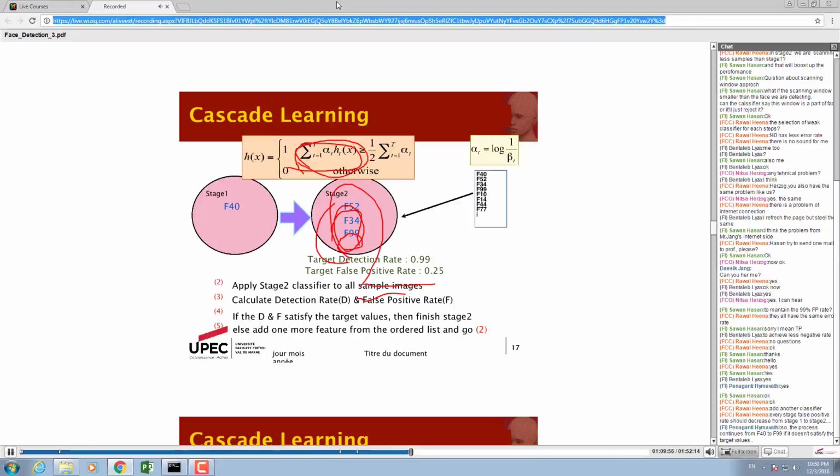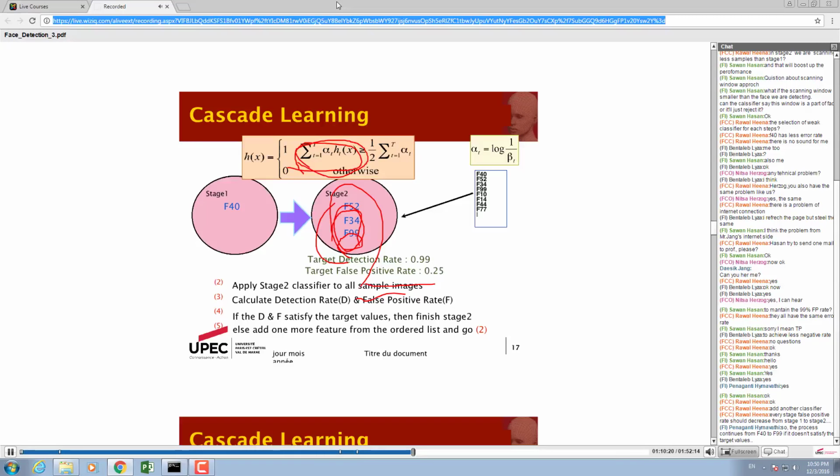The rate can be different in terms of implementation, but anyway, we are intentionally decreasing the targets. So here, 0.5 and 0.25 are just target false positive rates, not the real ones. The real one can be a little bit different, less than this number. So this is a target.